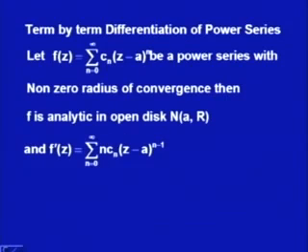Then f dash z is equal to summation n equal to 0 to infinity n times C_n into (z minus a) raised to power n minus 1. So, if we differentiate this series term by term, we get this series, and it converges to the derivative of the function f(z). So, term by term differentiation is possible.